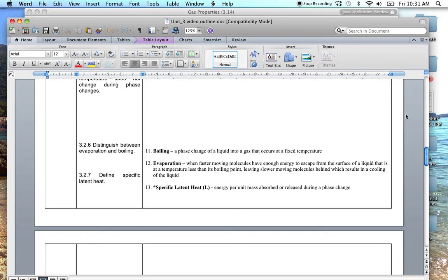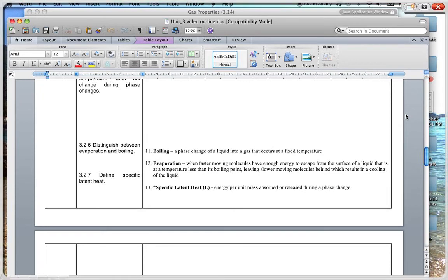Going on now to this idea of specific latent heat. We've discussed it a bit, but that is the energy per mass absorbed or released during a phase change. This energy comes from a change in the potential energy.